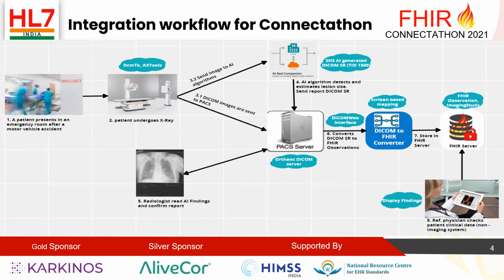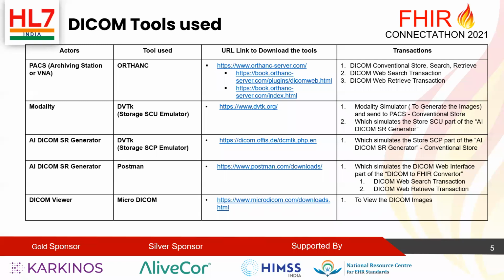And the applicability of the tools. In this slide, we are going to see where the DICOM tools are used. There are different actors as per the IHE profile, and the transactions are available. The actor is PACS, which is an archiving station or vendor neutral archive.